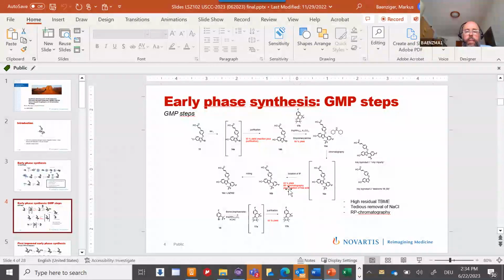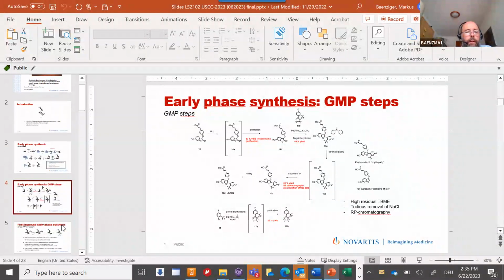So it really needed a better synthesis. The side chain was made from this bromofluoride derivative by a Miyaura coupling with bis(pinacolato)diboron, palladium catalyzed, with palladium tetrakis or palladium bis(triphenylphosphine) dichloride, and this was also purified by column.